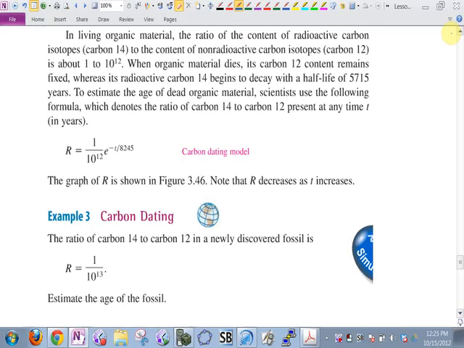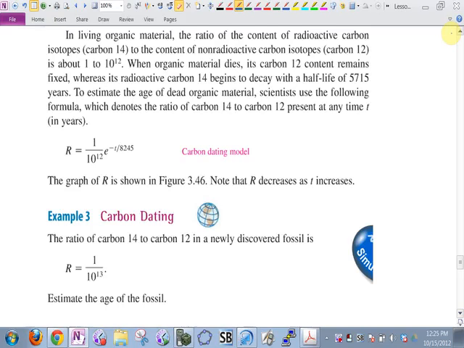Carbon-12 is your regular type of carbon that has 6 protons, 6 neutrons. Carbon-14 is radioactive. Those 2 extra neutrons make it radioactive, meaning what? It's decaying away.